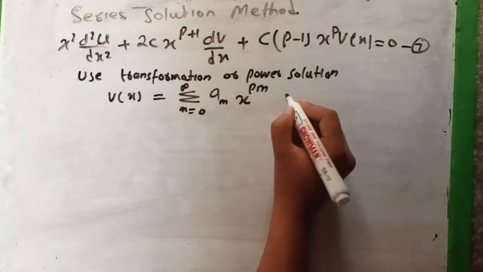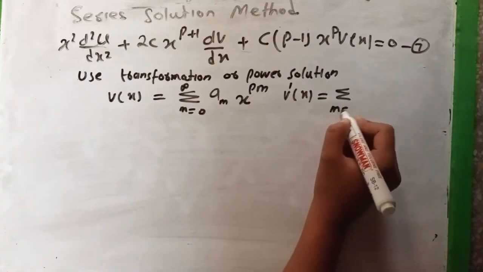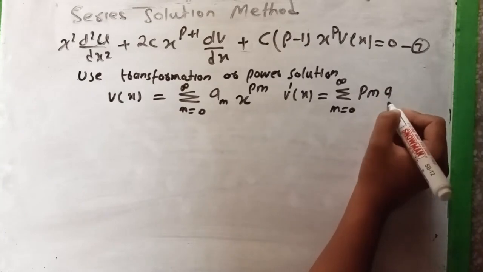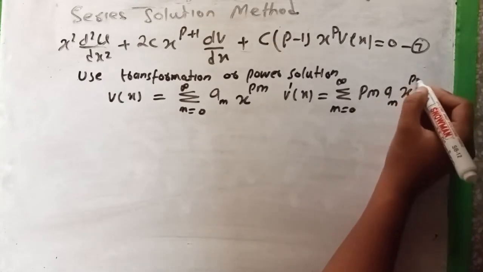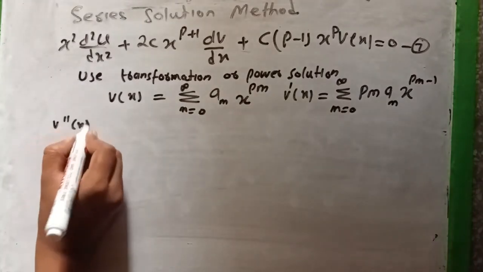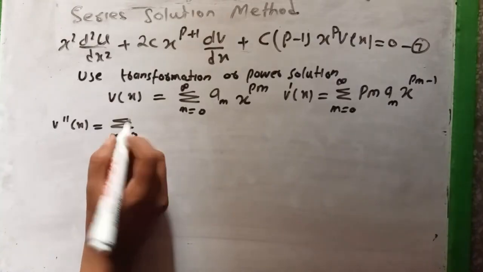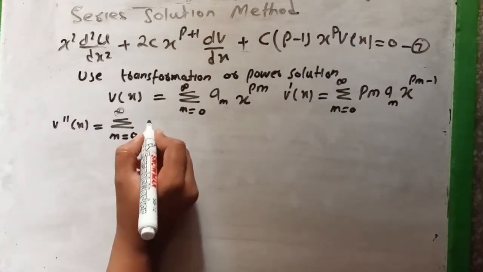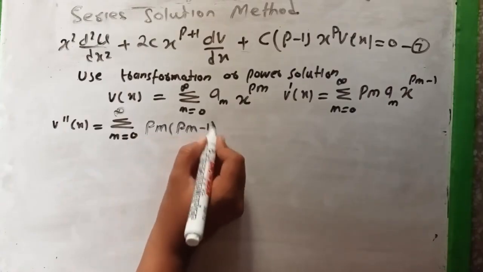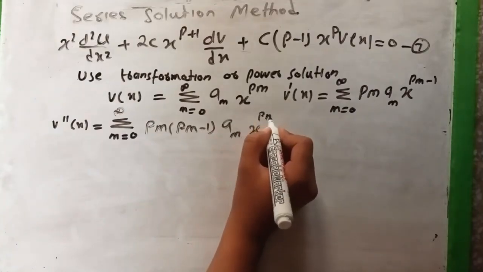So the derivative of v of x is equal to summation m is equal to 0 to infinity pm am x raised to power pm minus 1, and the second derivative of v of x is equal to summation m is equal to 0 to infinity pm multiplied by pm minus 1 am x raised to power pm minus 2.